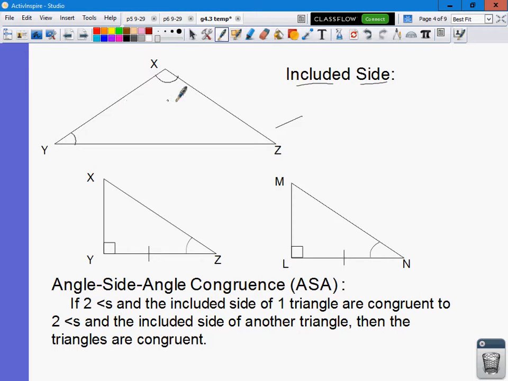yx. If I used x and z as my two angles, the included side, the side stuck between them, would be xz.